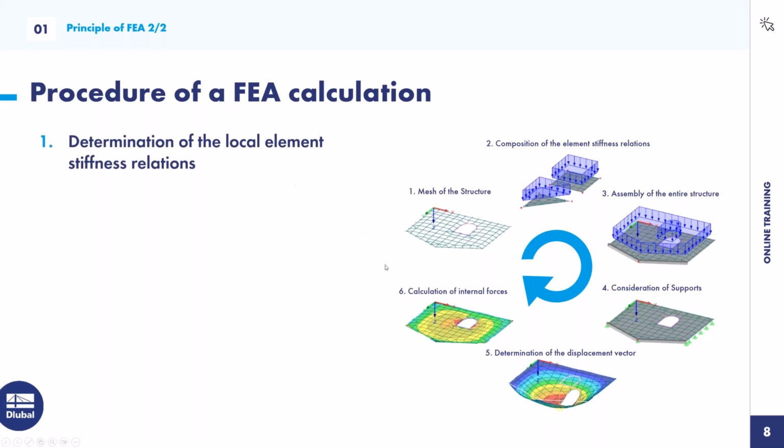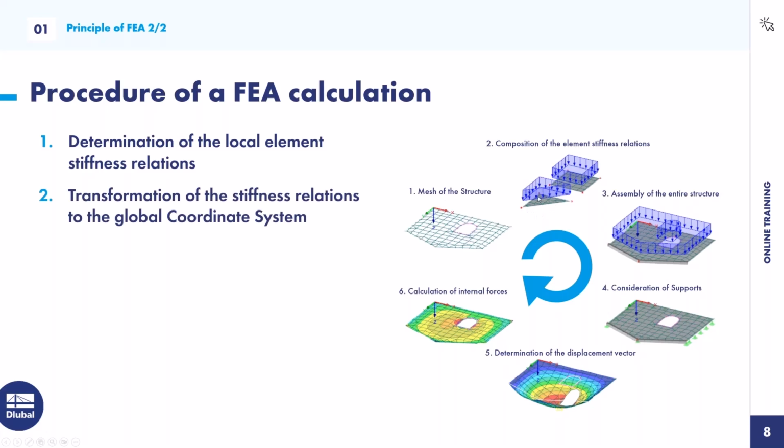That means we would split up the model, in this case a slab with an opening, into its small elements. And then we would, in the second step, construct the relations of each element. So the stiffness of each element, we would describe it with these approximation functions inside the program and have our stiffness matrix for every single element.